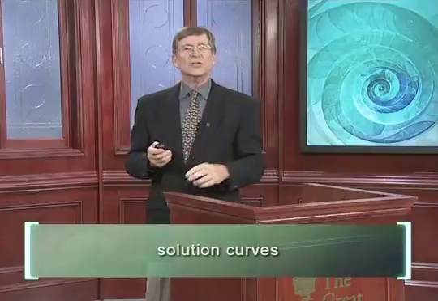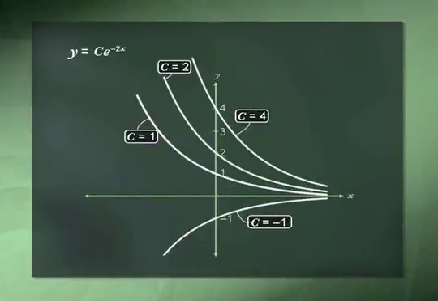Now, that solution had that arbitrary constant, and that's a whole family of solutions, an infinite number of solutions. And for each value of c, you get a curve. And those are called solution curves. Here's a picture of some of the solution curves to that differential equation we just looked at. You notice that the curves don't intersect each other, and they are decaying exponentials for the positive portion, and then, of course, the one on the bottom is when c is a negative number.